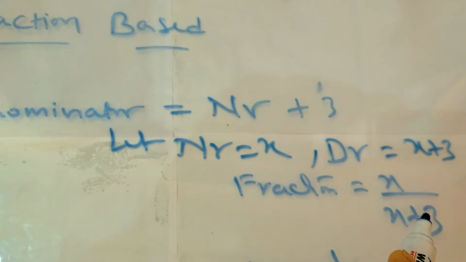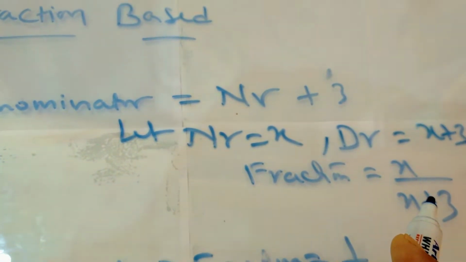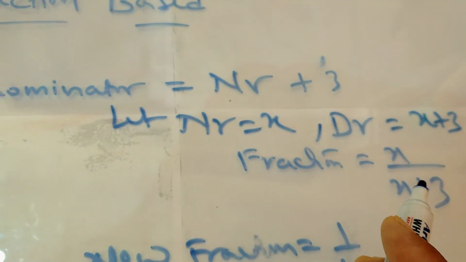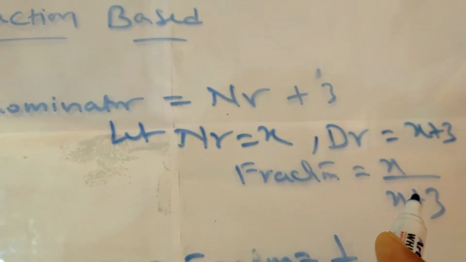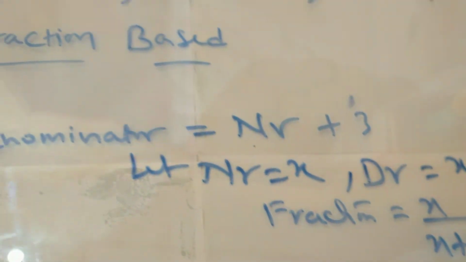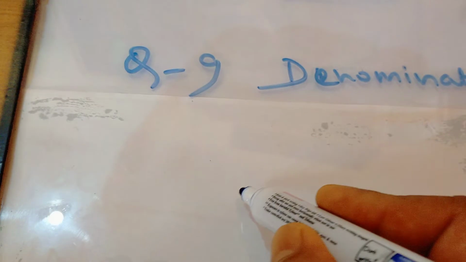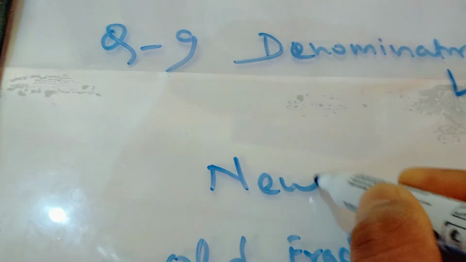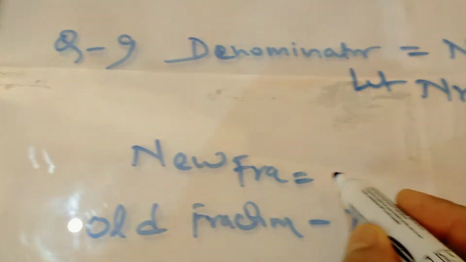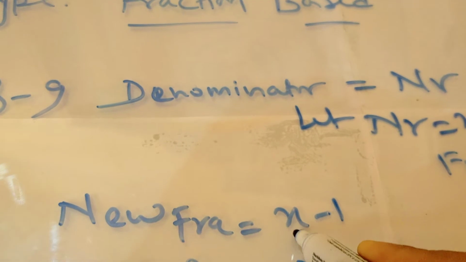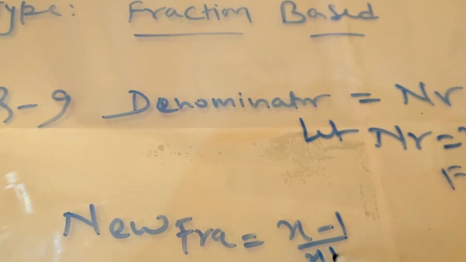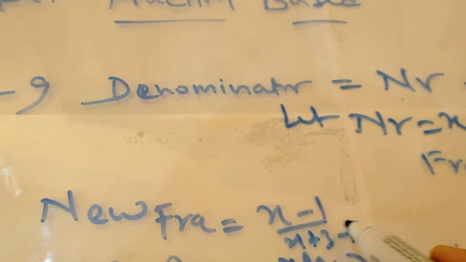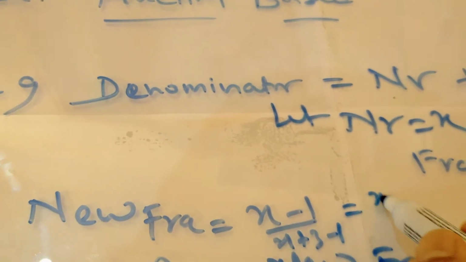So we have to follow that condition. What will be the new fraction? If you subtract 1 from the numerator and 1 from the denominator, your new fraction is x minus 1 upon x plus 2.